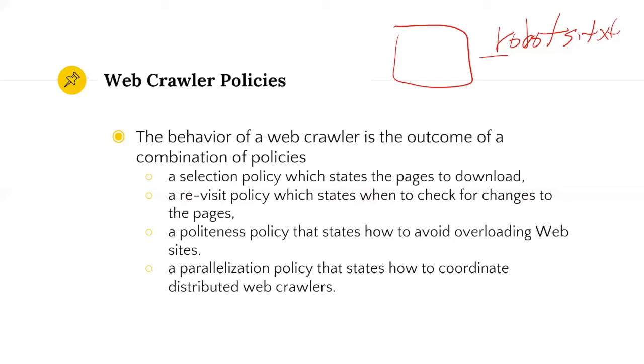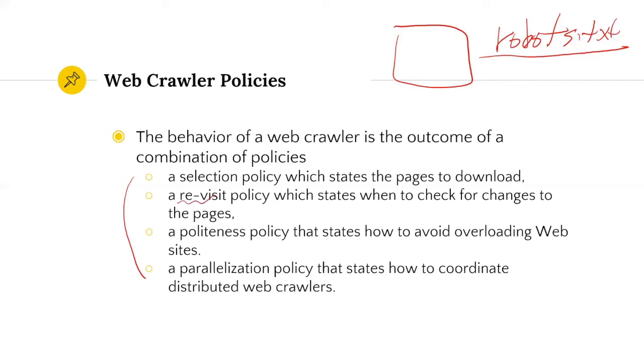There are 4 different categories that can be defined as a web crawler policy. First is the selection policy, and the robots.txt file has a list of pages that can or cannot be accessed.